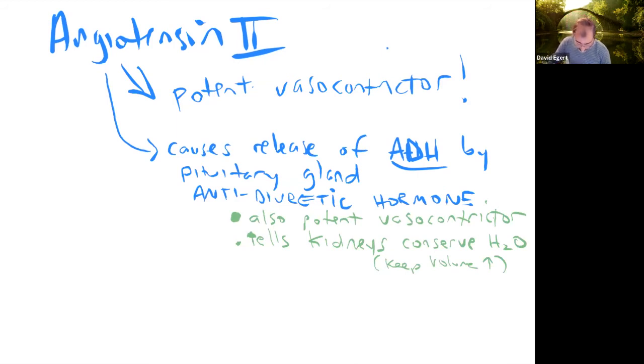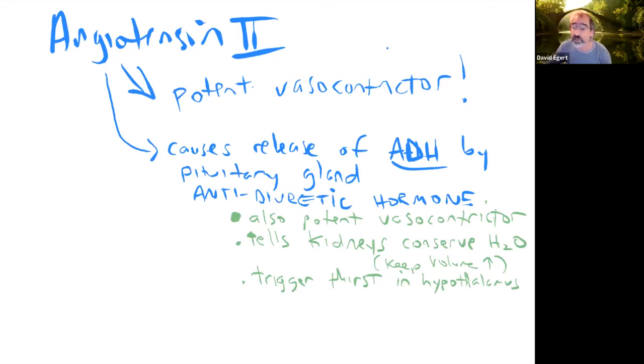It also triggers thirst in the hypothalamus. Remember, the hypothalamus controls all sorts of drives, including thirst. So antidiuretic hormone is talking to your hypothalamus, and now all of a sudden, I want to drink more.